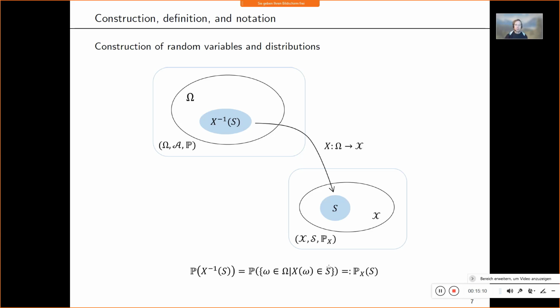Here, a visual intuition of what I just described.